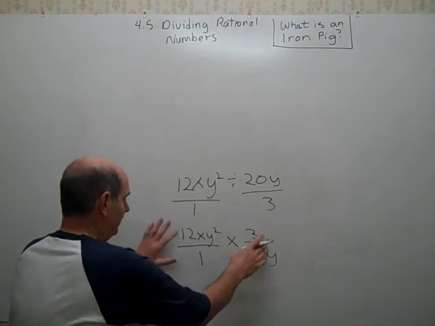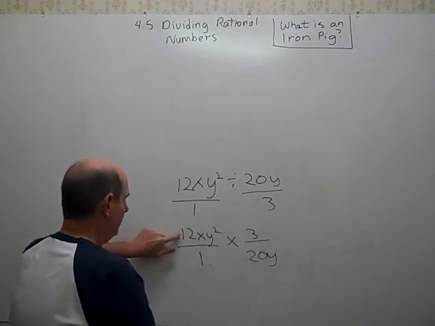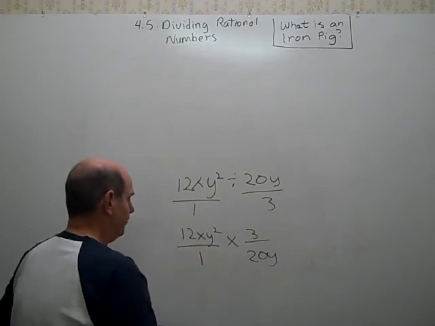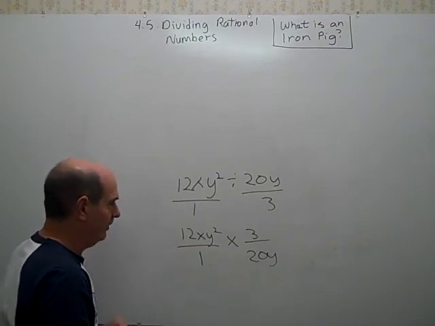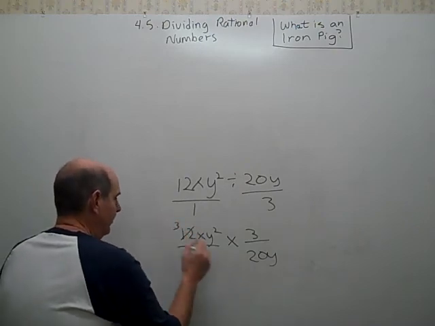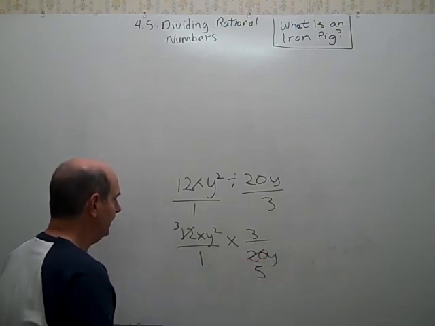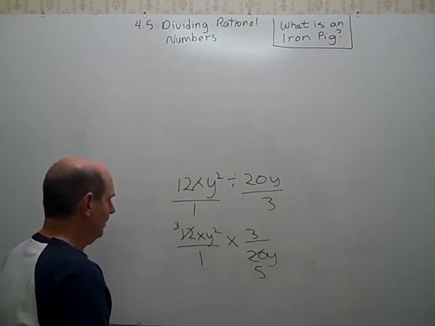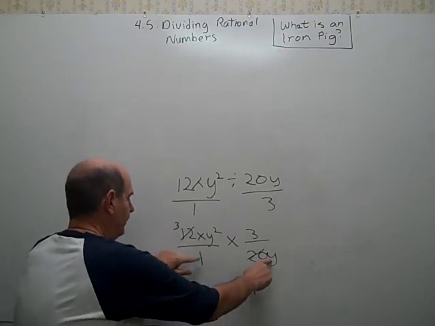If I examine the numbers here, I see the greatest common factor between 12 and 20 is a 4. So I can factor out a 4, or divide by 4. Divide 4 into 12 and get 3. Divide 4 into 20 and get 5. Another common factor are any common variables that you see. There's an x here, but there's no x here or here.